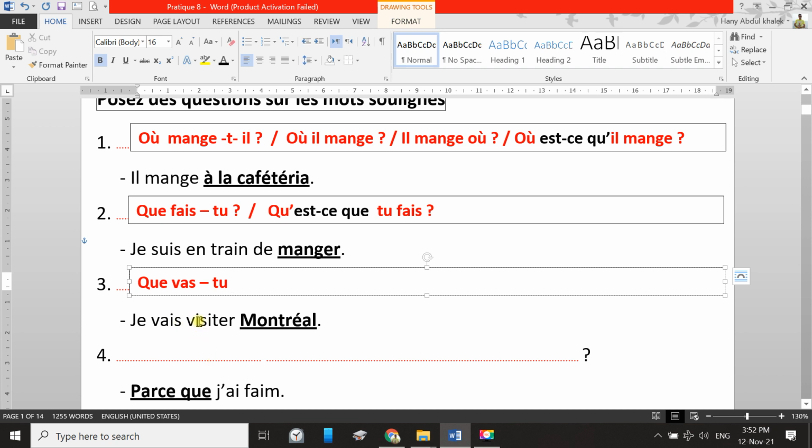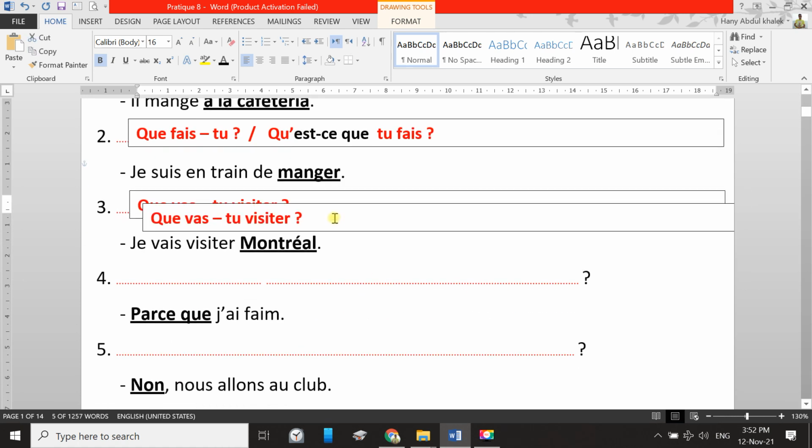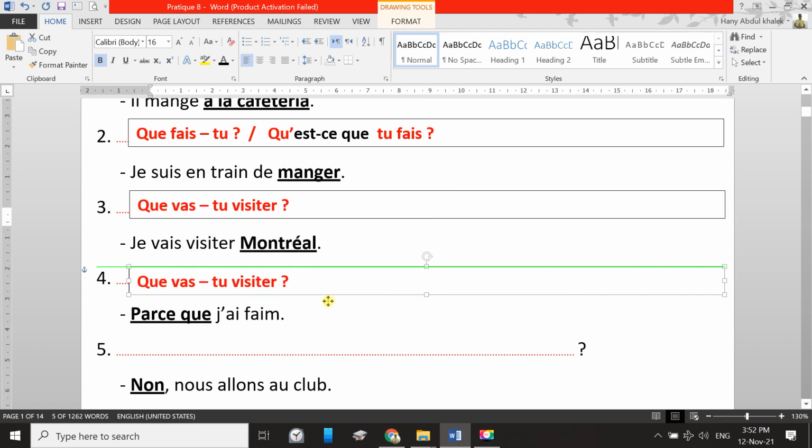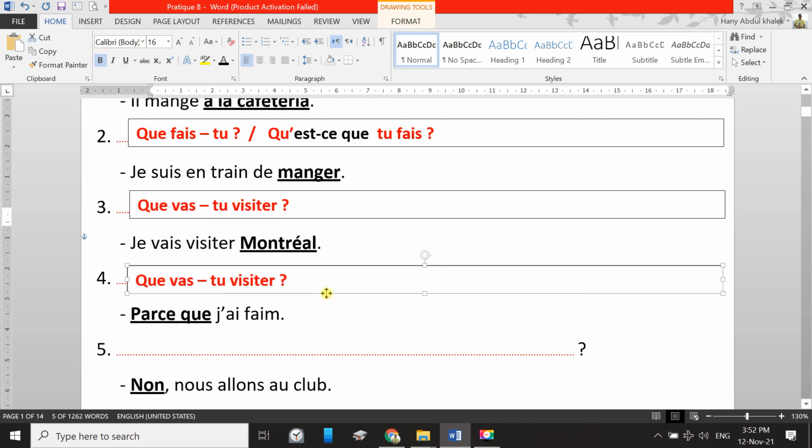So here we make like cross. Okay, l'inversion entre le premier verbe et le sujet, le pronom sujet. Que vas-tu visiter? What will you visit? I will visit Montréal, which is Montreal in Canada.